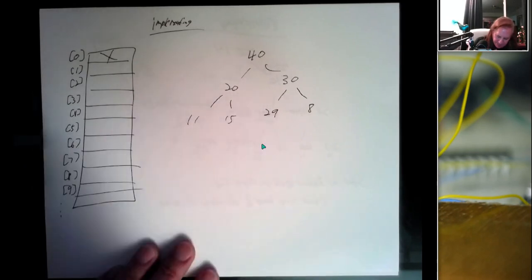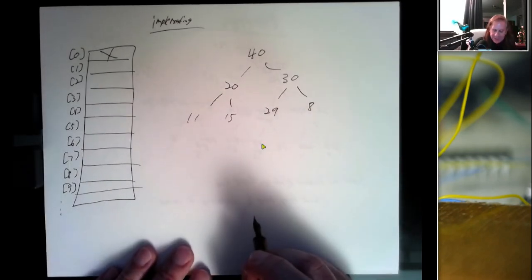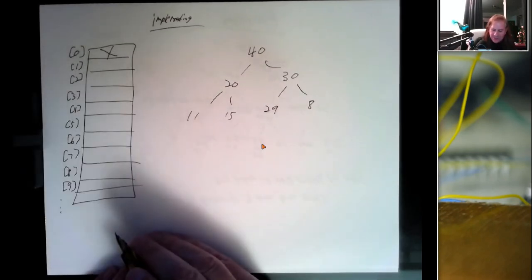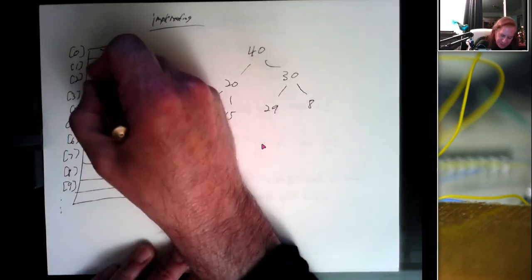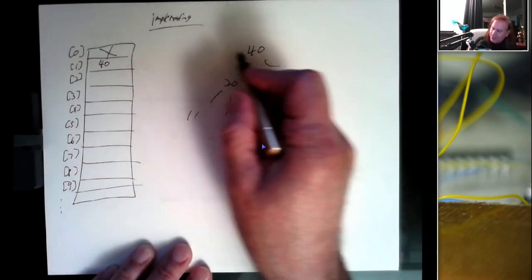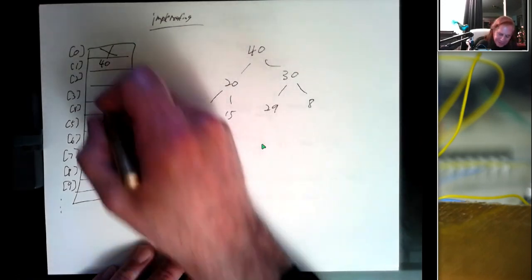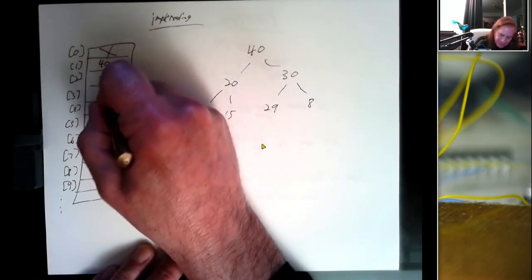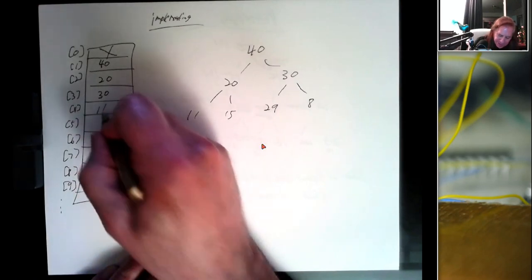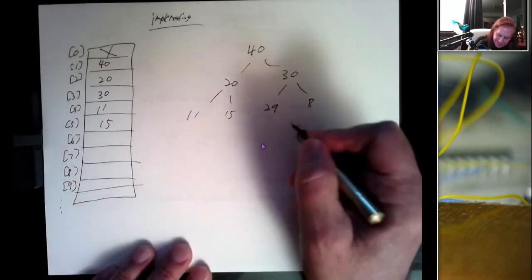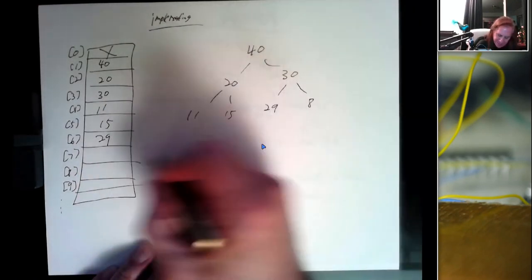And let's store this in our array by putting the root at index 1 and then just doing a breadth first traversal. So move down one level and go from left to right. So here's our 20 and our 30, and then we'll have our 11, our 15, our 29, and our 8.